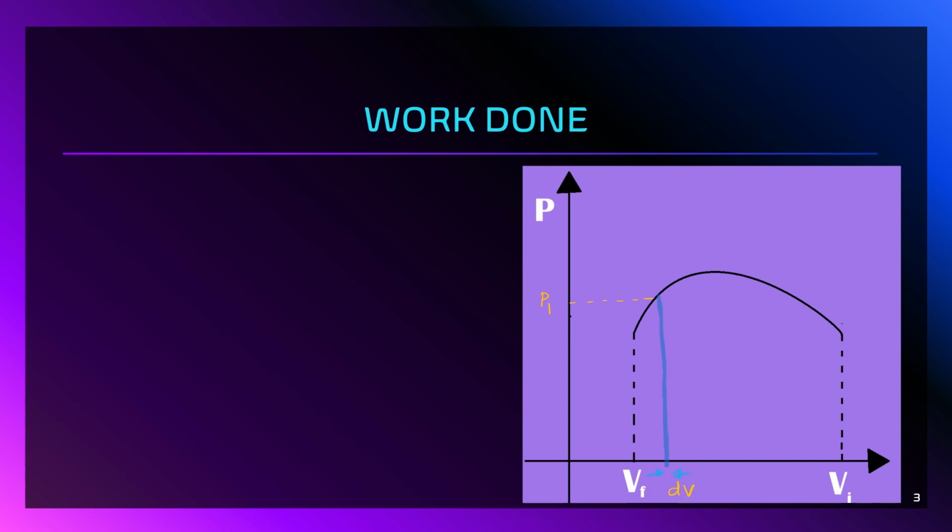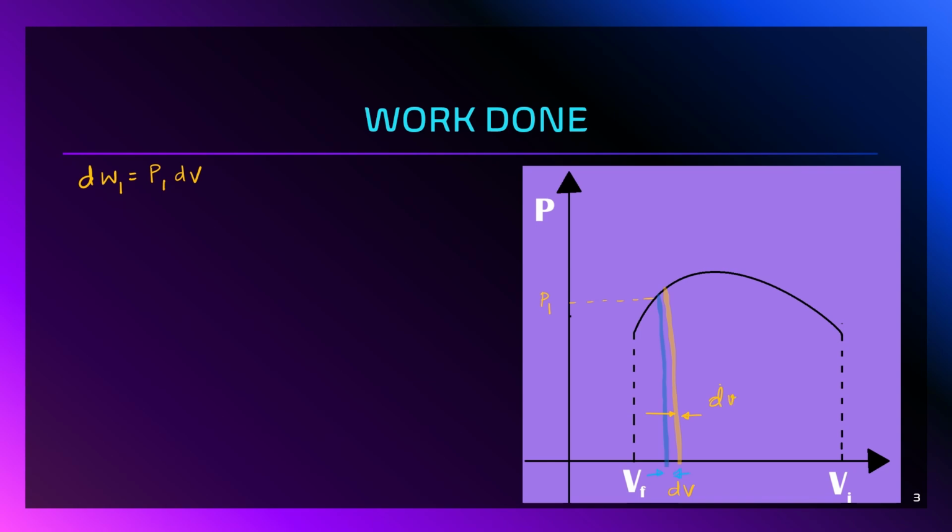So what will be the work done? Since the strip is very thin, the volume is very small, the work done is also going to be very small. Hence, we'll write it as dW1. And as per the expression, dW1 is equal to P1 into dV. Similarly, I'm going to take another strip just beside it with the same thickness, dV again.